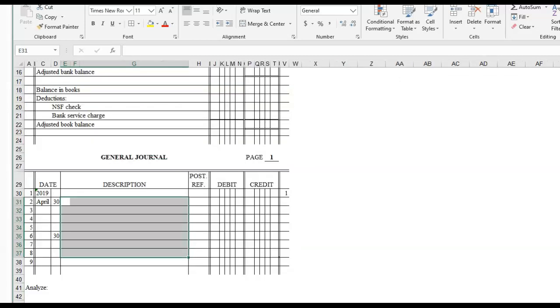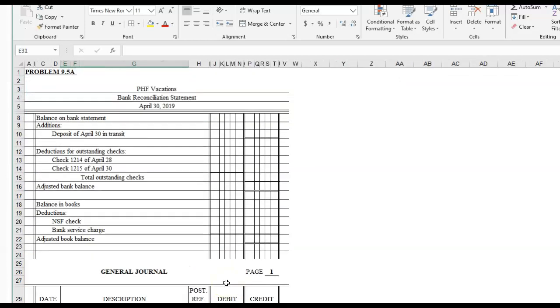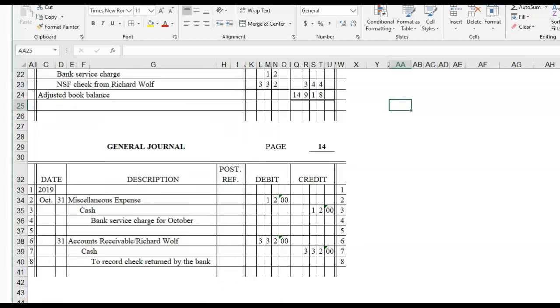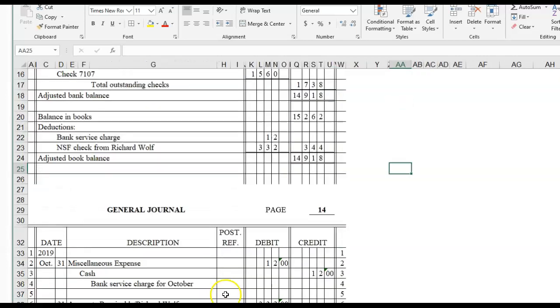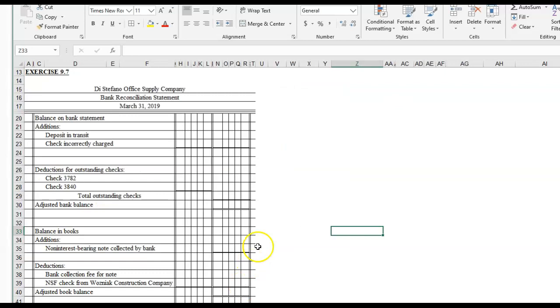Okay, so then starts the problems. But before we jump to the problems, let's go back and let me at least give you the balances. So when you do 9.5, 9.6, and 9.7, you'll know what they're supposed to be. And then you guys can go back and fill in the amounts.